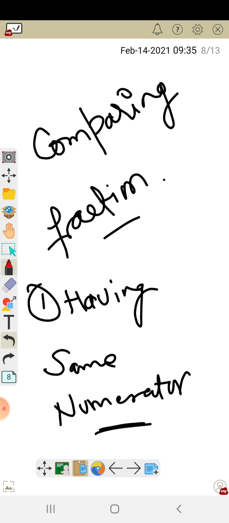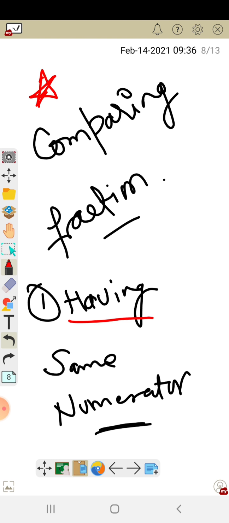Come to the next, comparing fractions, very very important. Sometimes you are given a question on comparing fractions, asking which one is greater and which one is less.